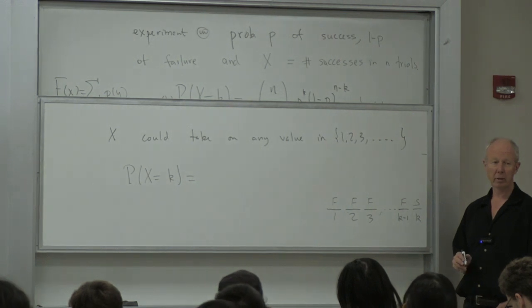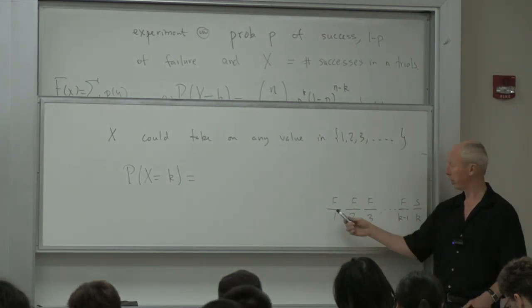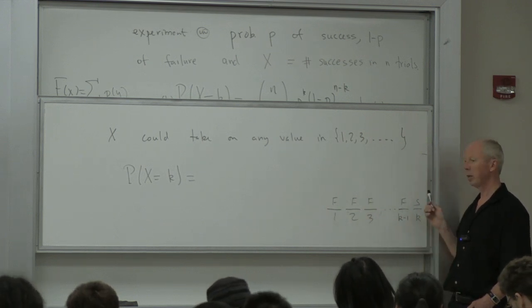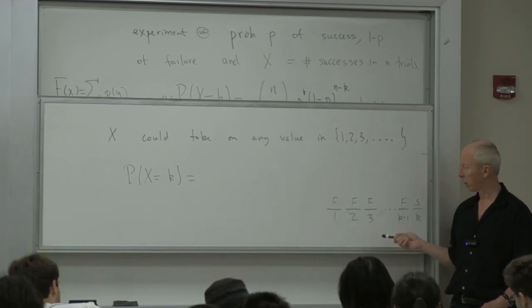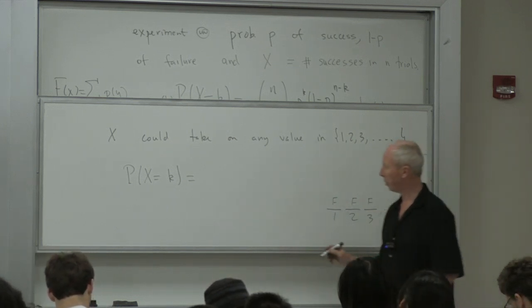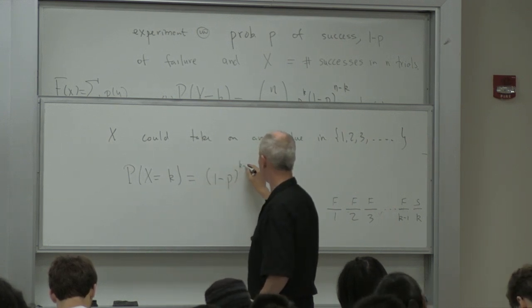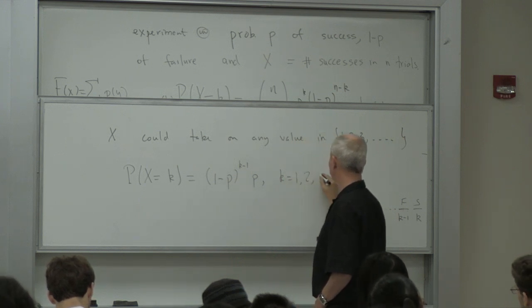Well, these are independent trials, so I just multiply the probabilities of the individual outcomes. The probability here is 1 minus p, 1 minus p, 1 minus p, 1 minus p, p. So how many 1 minus p's do we have? k minus 1, and then a p. So it would be (1 minus p) to the k minus 1 times p. And this is for k equal 1, 2, 3, etc.